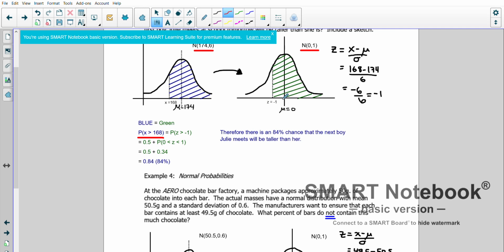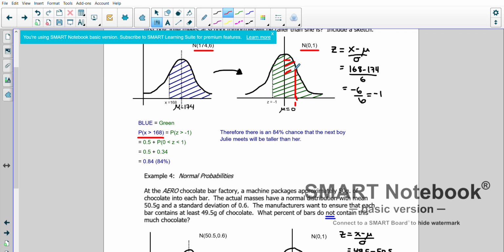How do I find the probability that z is greater than -1? Well, it's going to be 0.5 because I'm going to include all of this shaded region, plus I need this piece. I'm going to use symmetry and find the probability that 0 is less than z is less than +1.